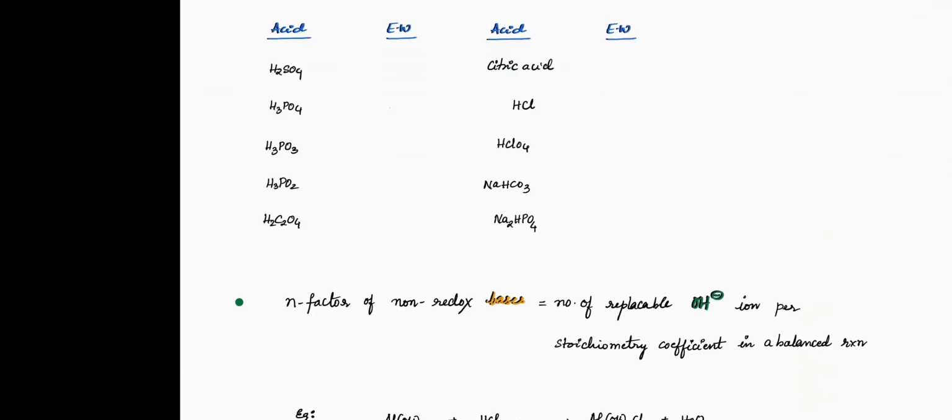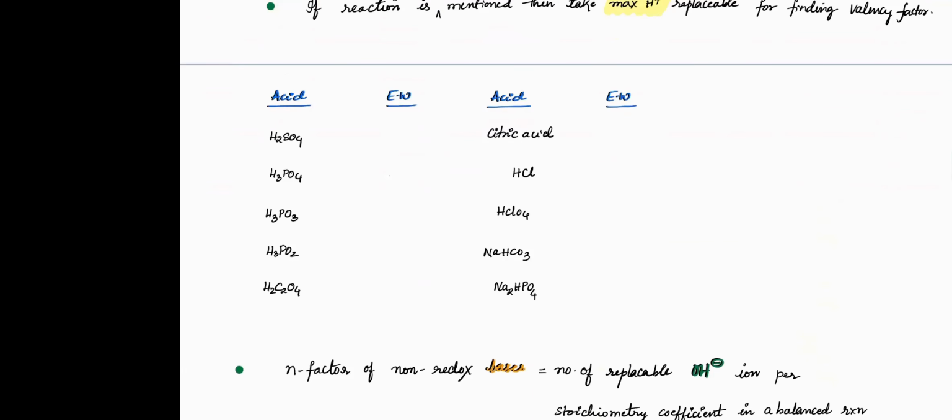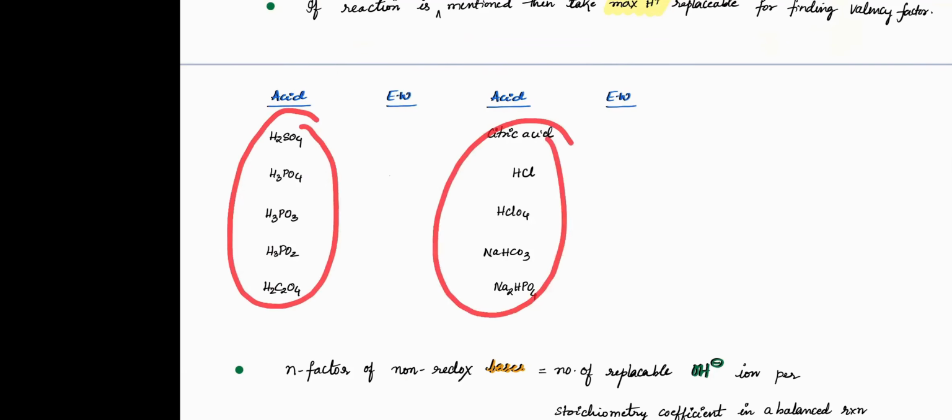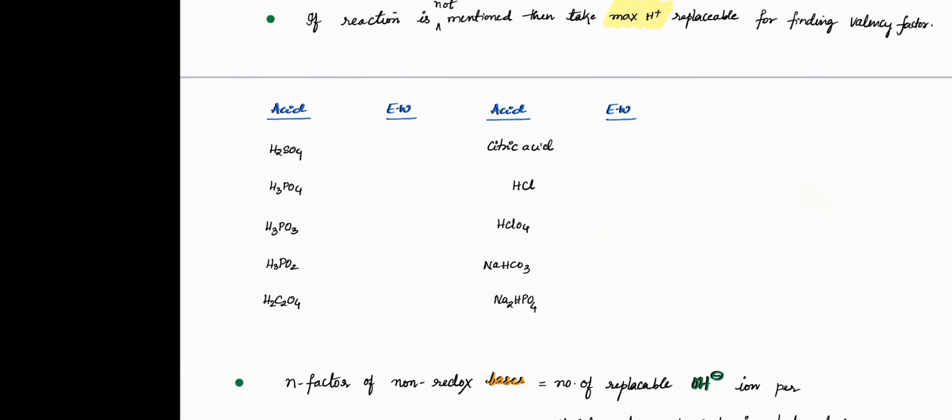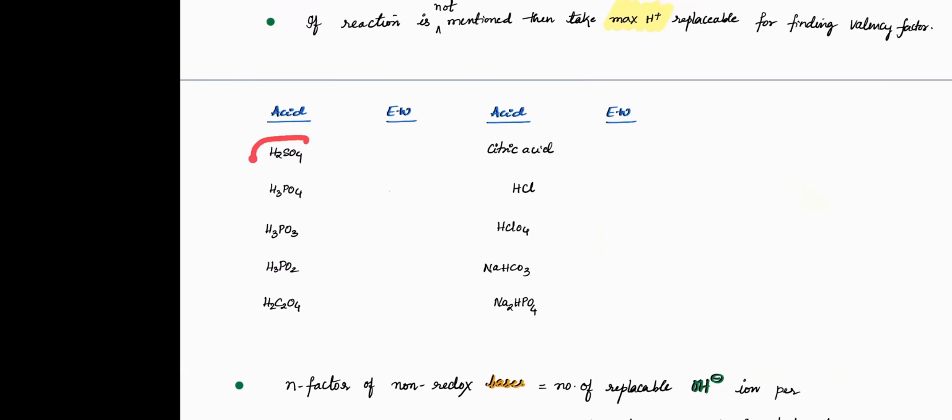That means in some scenarios, instead of giving a chemical reaction, it is simply mentioned that I took this much amount of H2SO4 and its equivalent mass is X. In such cases where the reaction is not mentioned, only the chemical is mentioned, you'll always take how much maximum H plus and how much maximum OH minus they can give.